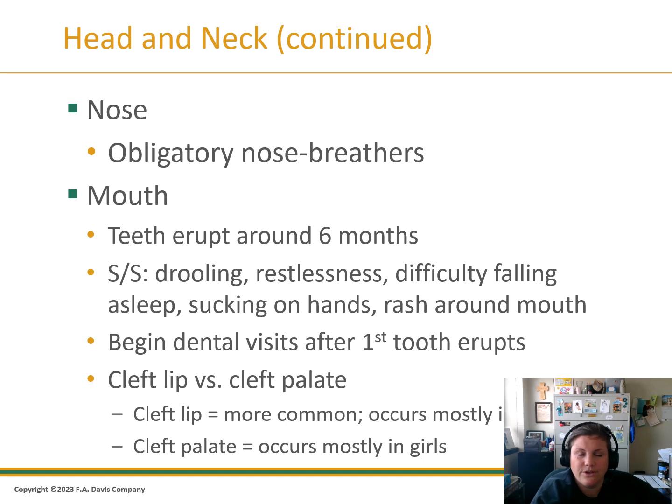I do have a note on the slide to tell you that folic acid intake is very crucial in pregnancy, and it tends to be associated with an increase in cleft lip and cleft palate incidence if its intake is deficient.